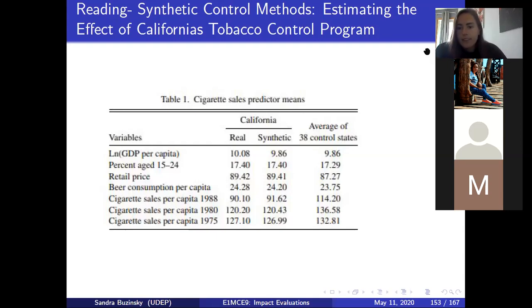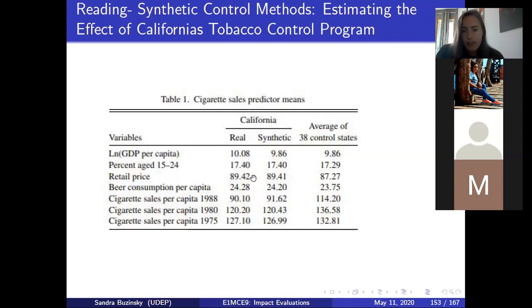Weights are different than the simple average, right? In a simple average, we're weighting each control state equally. In a synthetic control, we're weighting each state based on how related they are to the true treatment group, California. So some of them are pretty similar if you just use the average, but this is noticeably different.